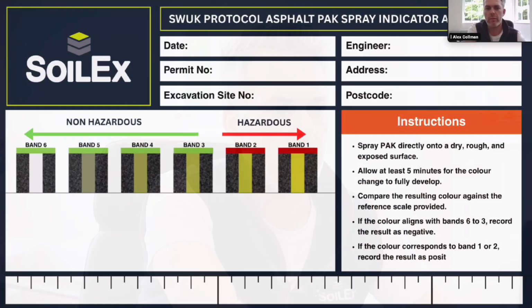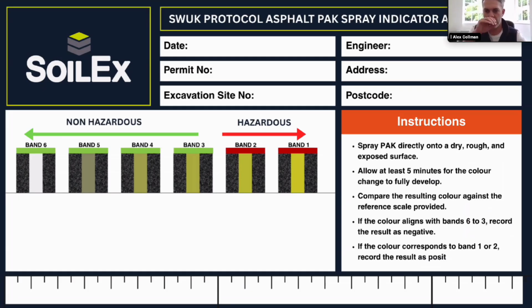Now, we as a business are going to be going out and doing a lot of sampling ourselves for a lot of clients. And this is just an idea that we've had that might help with some of your site teams to aid in this process. So we have designed a sampling board. When our engineers go to site and do pack spraying, they would have this board with them. It would allow them to make note of the date, the permit and excavation they're at, and the address.